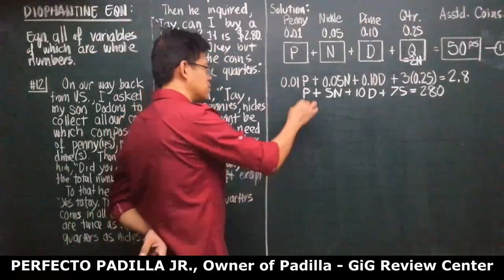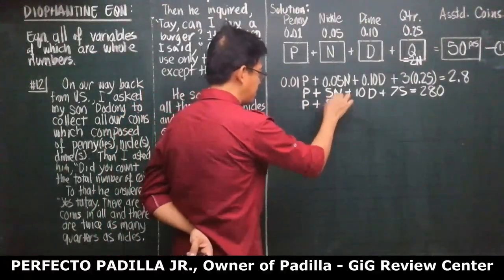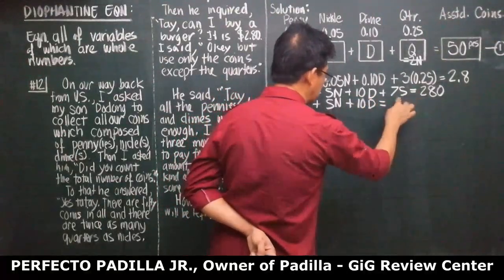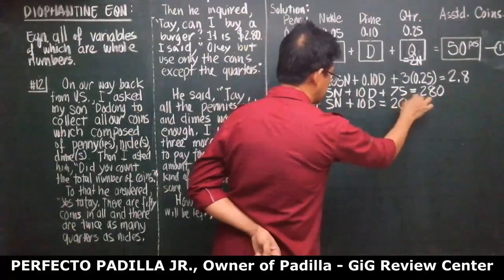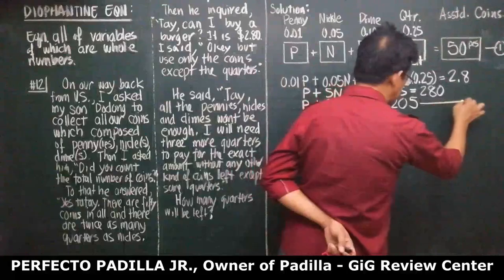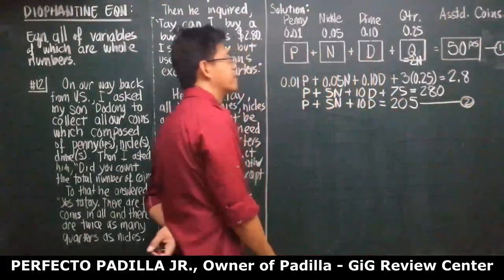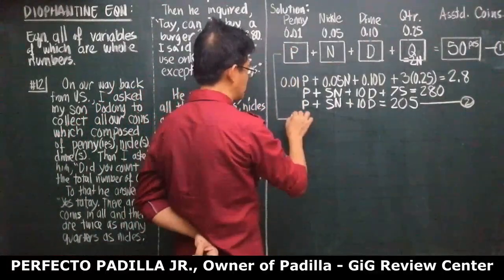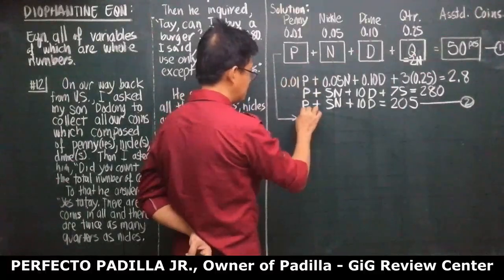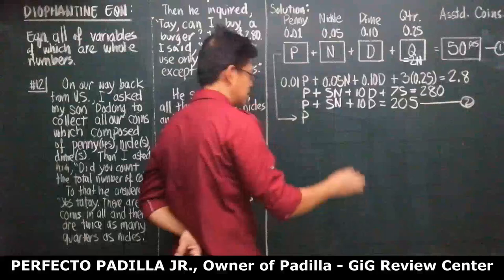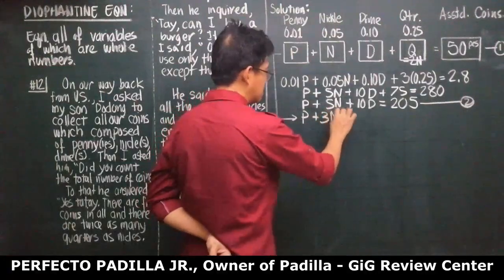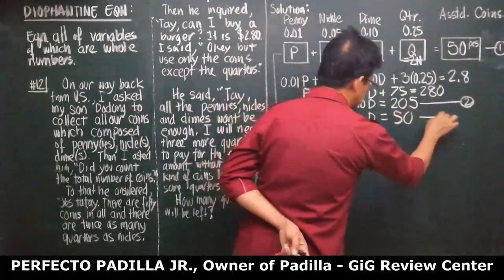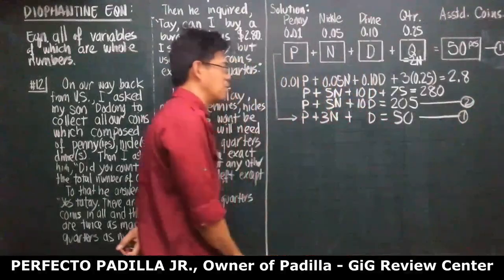So simplifying this, you have P plus 5n plus 10d is equal to 280 minus 75. This is 205. Let me call this equation 2. Okay? Yung equation 1, if we will simplify this without the Q, I have P plus n plus 2n, that is 3n, plus D is equal to 50 pieces. This is the simplified equation 1.